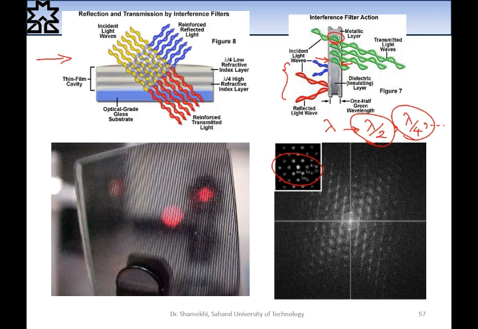Also, we can fabricate a varying filter. By changing these holes, we can build a varying filter.